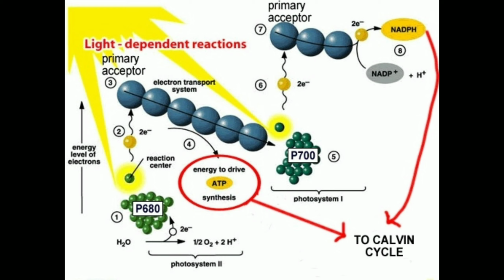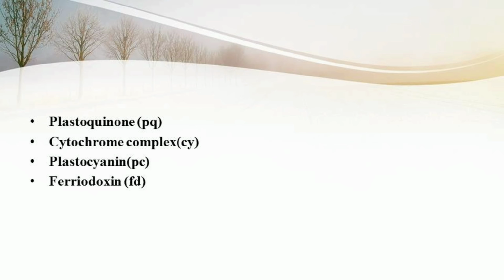Here in the cytochrome complex, the electron uses its energy to convert ADP to ATP. After this, the pair of electrons passes through plastocyanin.